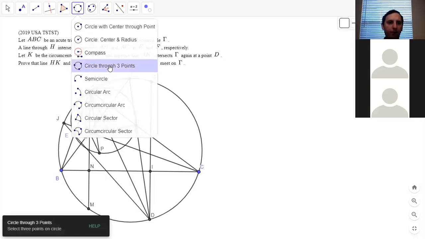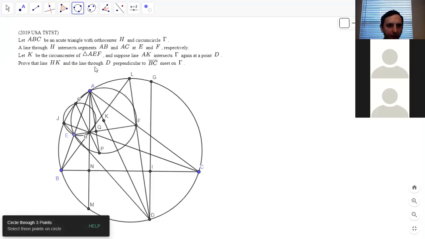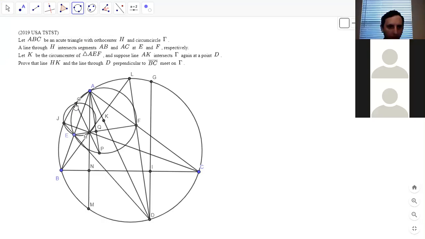I don't know if it helps to draw these circles. Whoops. Let me see. So we have Q, H, F, L. So could we use the radical axis theorem here?